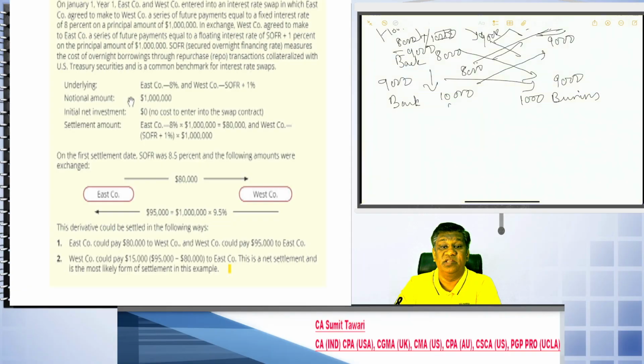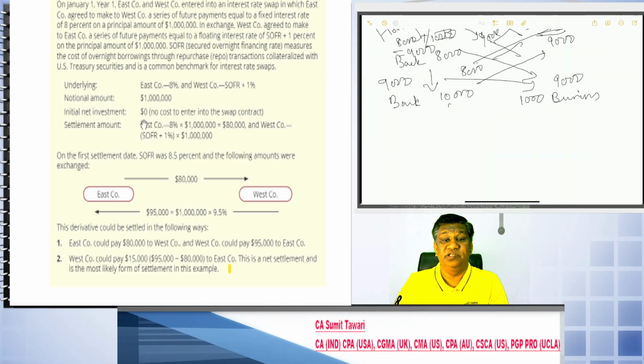So the underlying is 8% for East Company, and SOFR plus 1% for West Company. East Company agreed to make a payment at an interest rate of 8%, so they want to pay at the fixed interest rate, and West Company wants to pay at the floating interest rate, but they have an alternate arrangement.